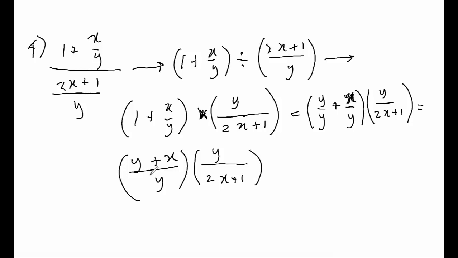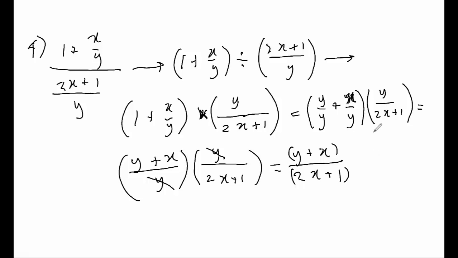And it turns out that these two y's cancel out, and then I'm left with y plus x on the top, and then on the bottom I have 2x plus 1. And I stop there. I don't want to cancel anything more out. I don't want to touch it because I don't want to start killing kittens. And that looks really good.